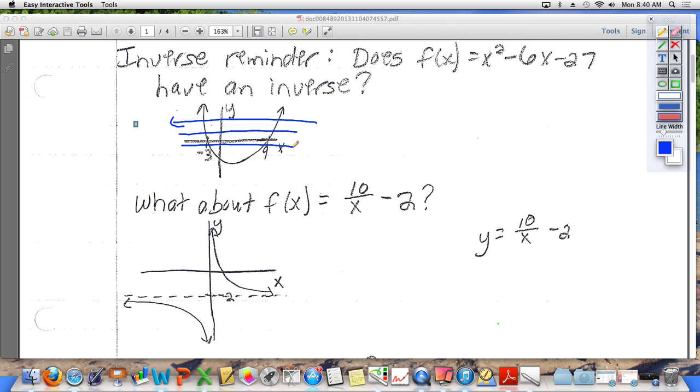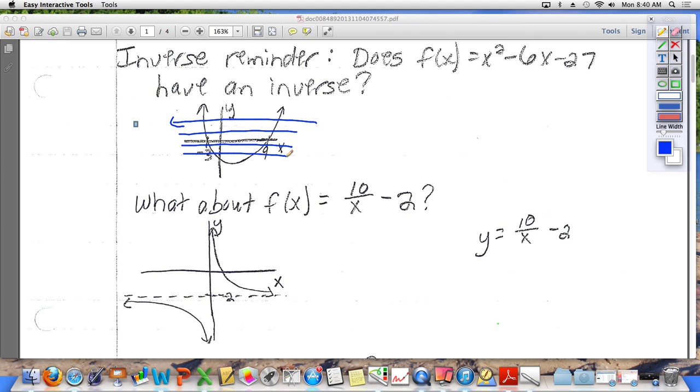Remember that? If you drew horizontal lines and it only crossed the graph in one place each time, then it had an inverse. In this case, when I draw the lines, it touches the graph in more than one place, therefore it does not have an inverse.